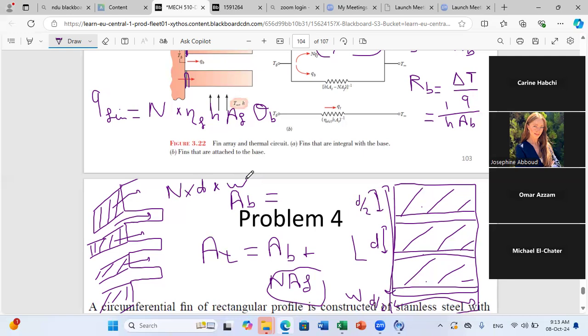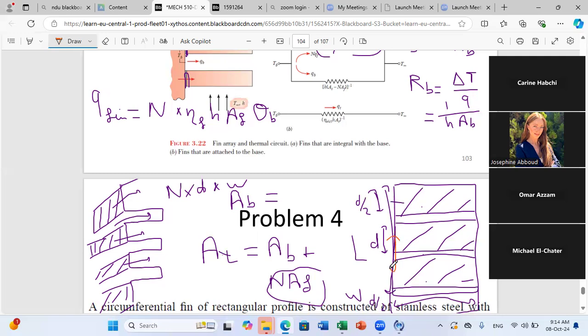Because we consider it's a repetitive pattern. And for each fin, you have corresponding to it an area not covered by fin, which is, if you want, like this. We consider the pattern. Let me put it in another color for you. You consider this is your repetitive pattern.